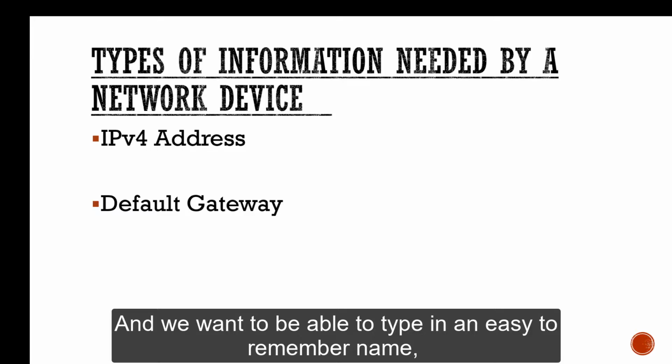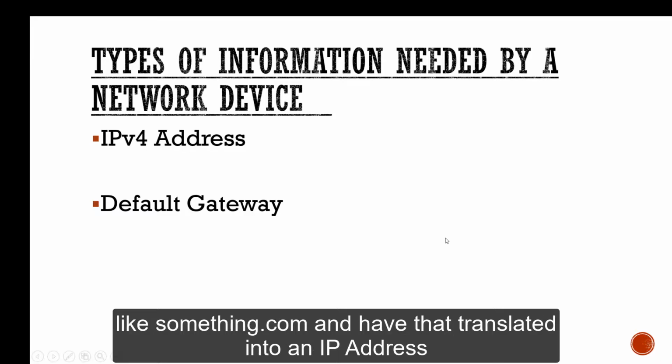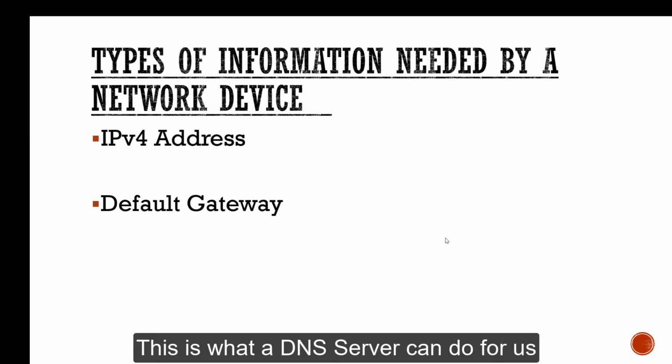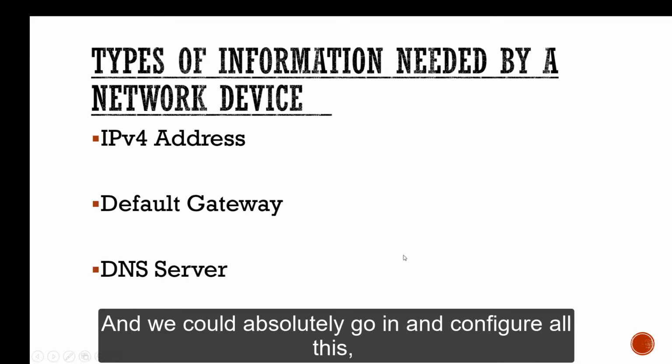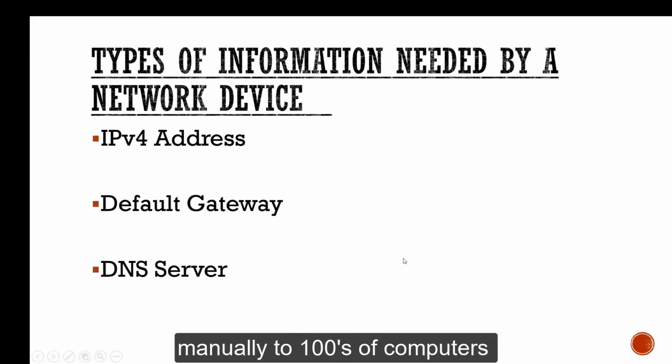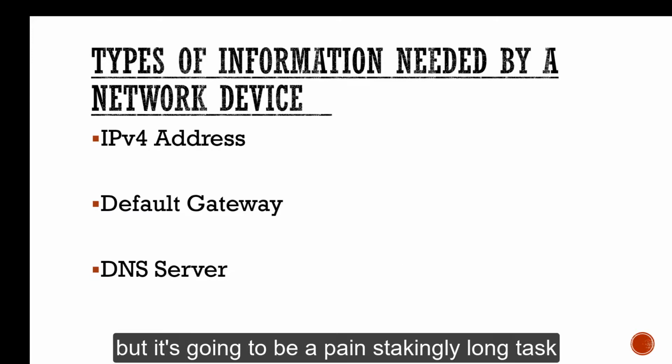And we want to be able to type in an easy to remember name like something.com and have that translated into an IP address. This is what a DNS server can do for us. And we could absolutely go in and configure all this manually to hundreds of computers, but it's going to be a painstakingly long task.